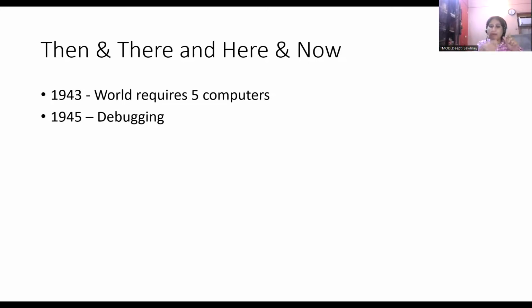When the computers were turned on, the lights glowed and were warm, so moths got attracted to those vacuum tubes and did not let the computer function the way it should.